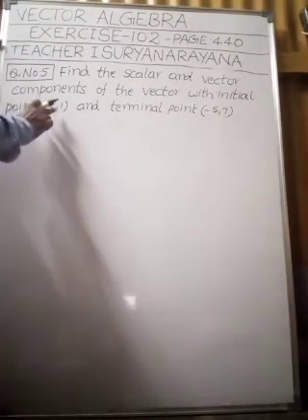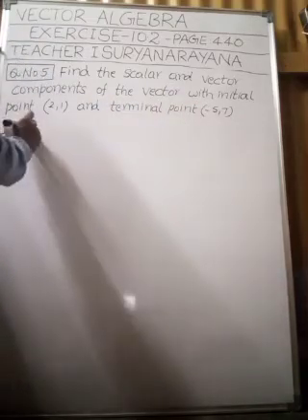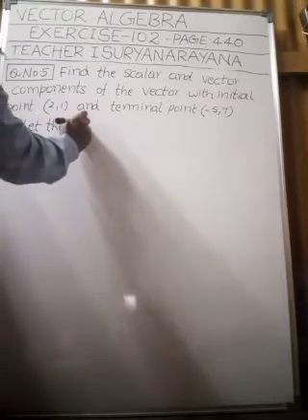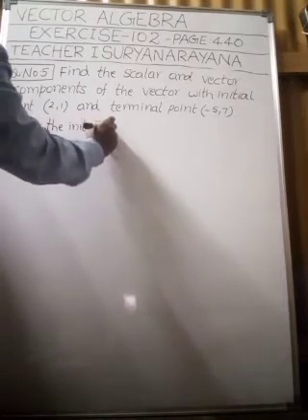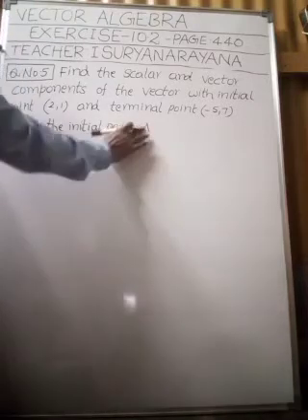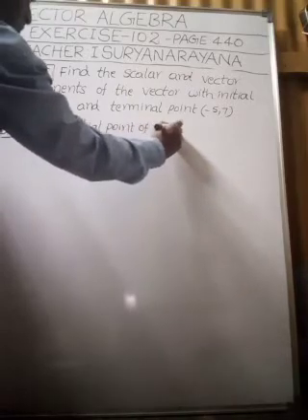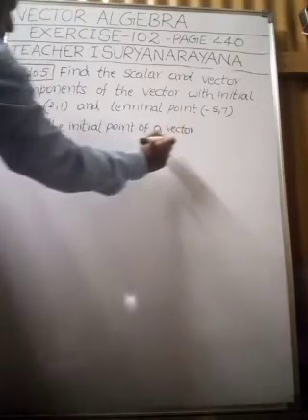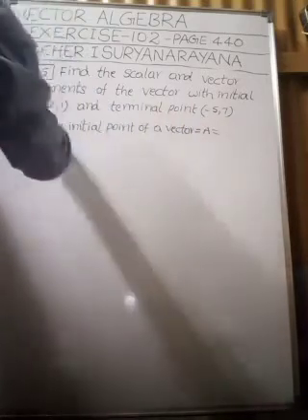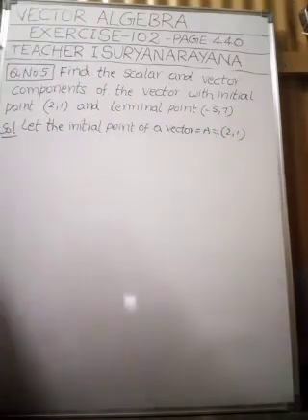Let us assume that this is the initial point A and this is the terminal point B. Let the initial point of the vector be A, that is the ordered pair (2, 1). Yes or no, my children?